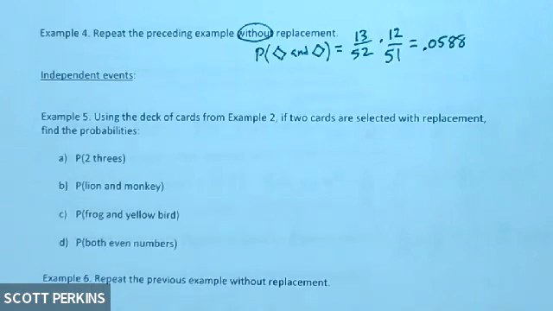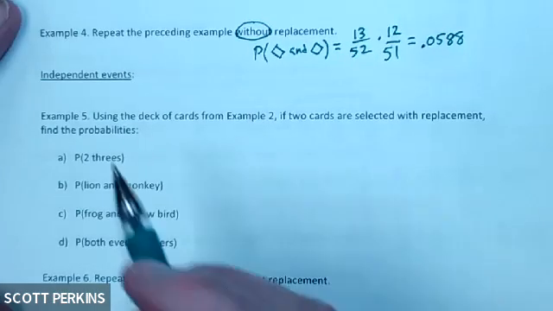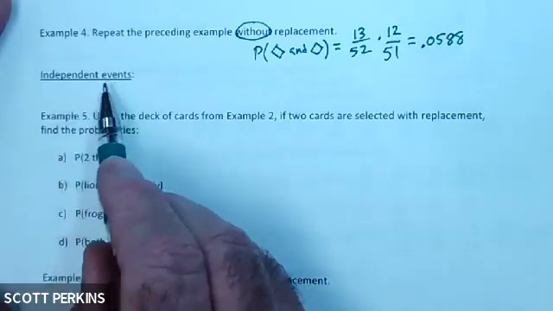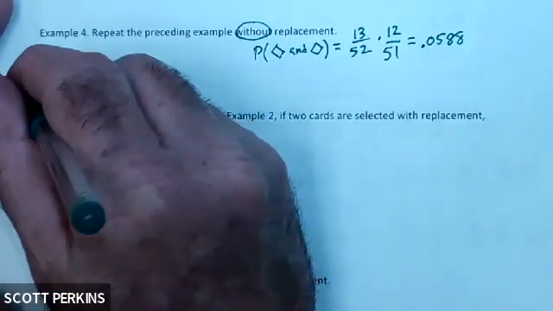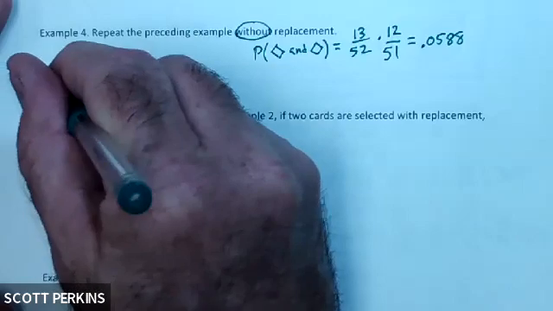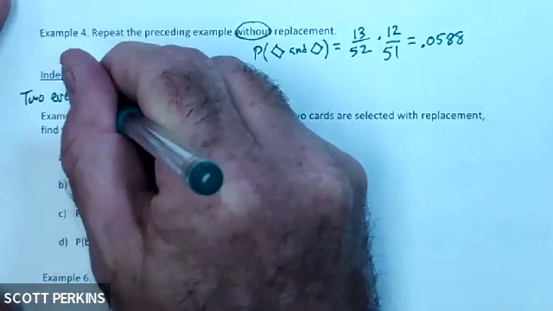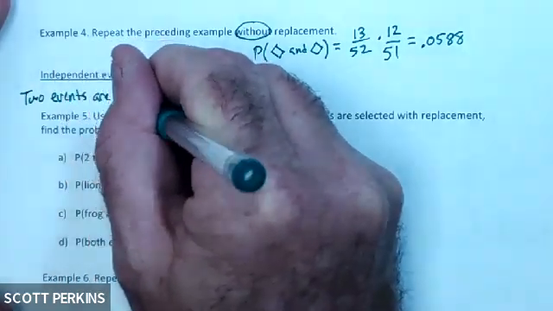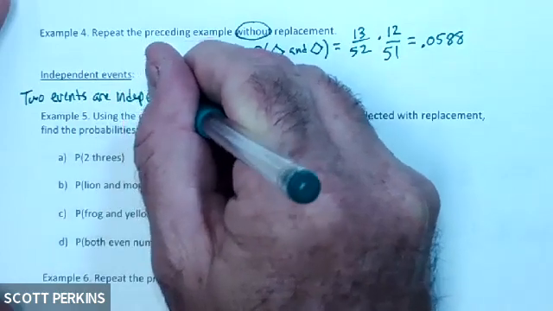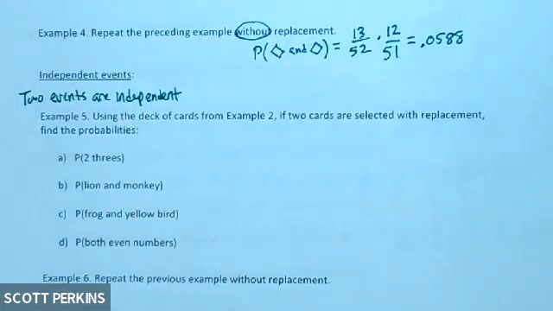So the reason I had to do the same thing, but with replacement and without, is I wanted you to see the difference between these two events. Independent events are 2 events. Okay, so 2 events are independent. Two events are independent if the first one occurring does not affect the probability of the second one.